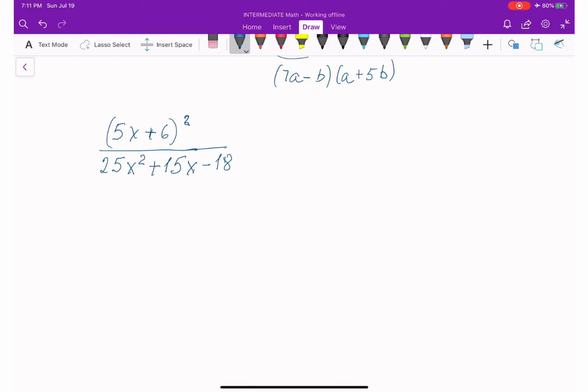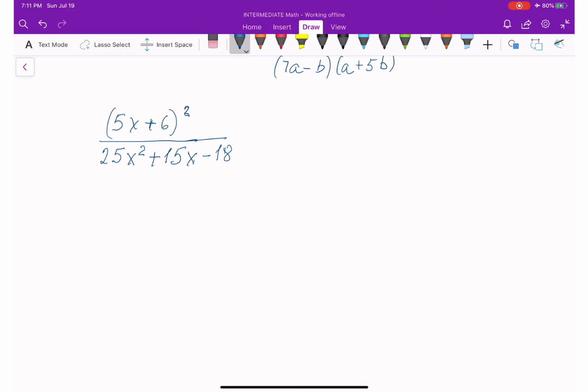All right? So, what we are going to do here, 5x plus 6 squared, it's going to stay. There's nothing I can do right now.